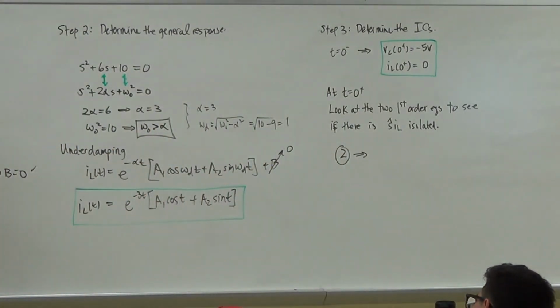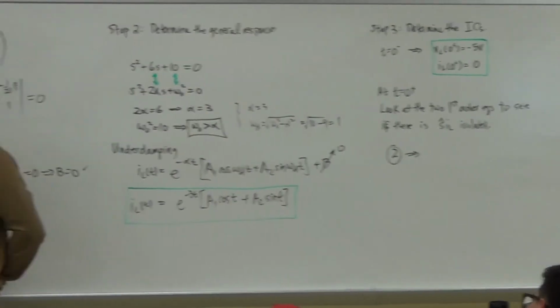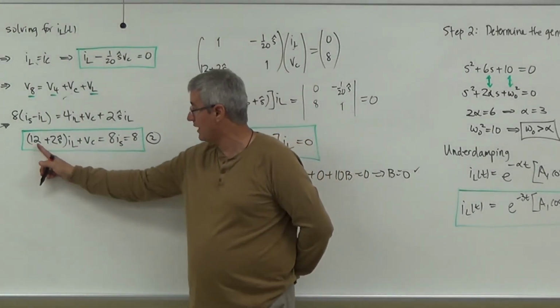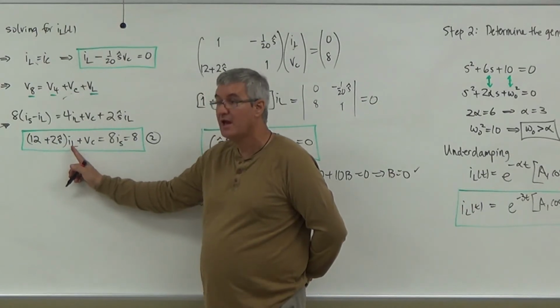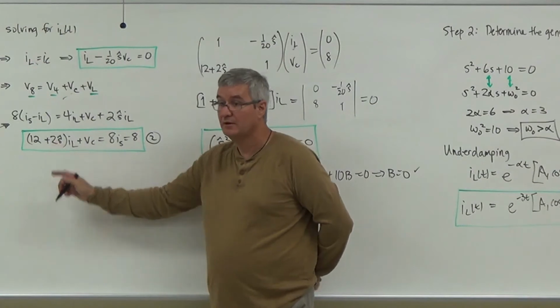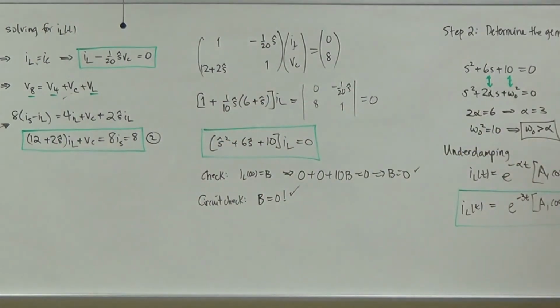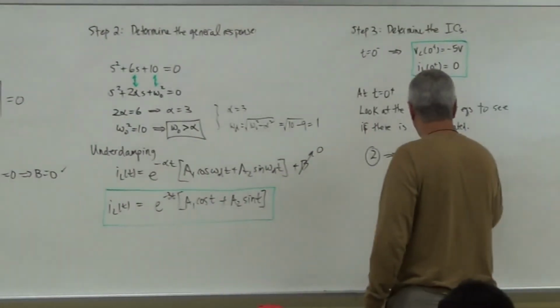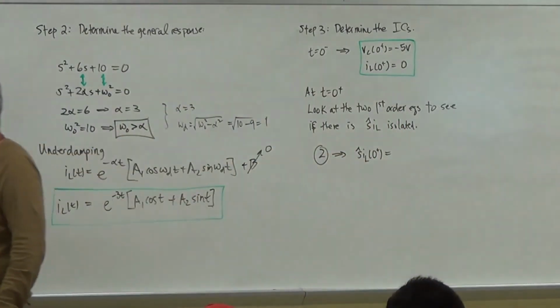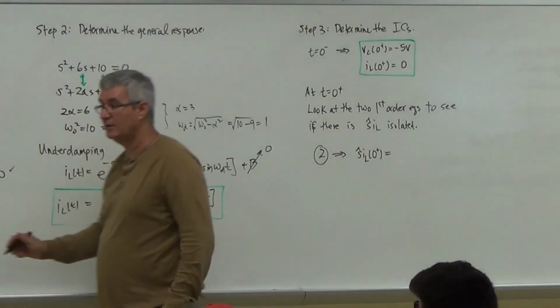So I have 8 here. I have VC, so I'm going to bring VC to the other side. I'm going to multiply 12 times that quantity here, and then bring that to the other side. And note that there's a 1/2 right there. So I go over here and I'm going to go s hat IL at 0 plus. So I have a 2 right here, so let's put that 2 right in front.